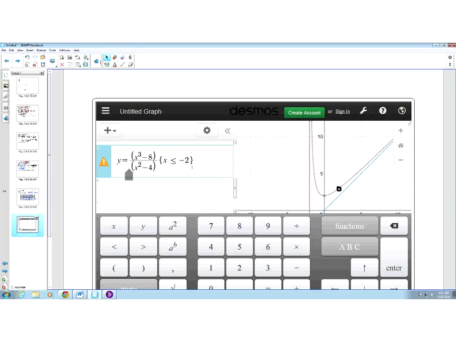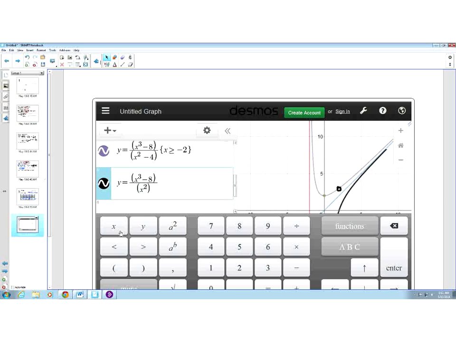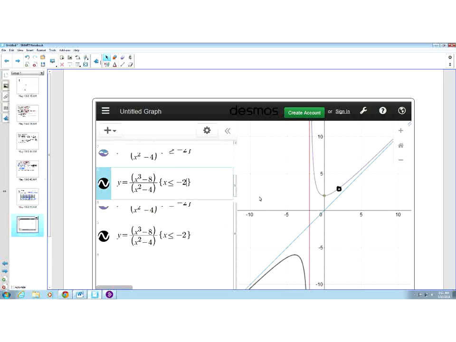Let me try it again. y is equal to (x cubed minus 8) divided by (x squared minus 4), and we want x less than or equal to negative 2. Right, and that'll be shown in black. And there it is. You'll see the black content shown right here.